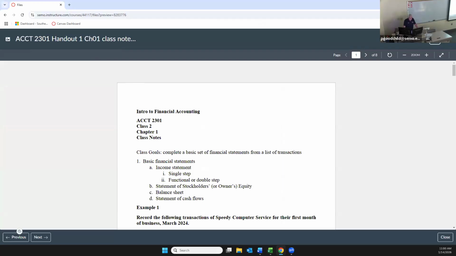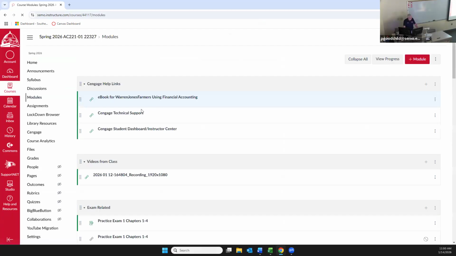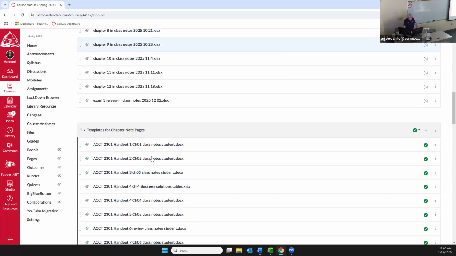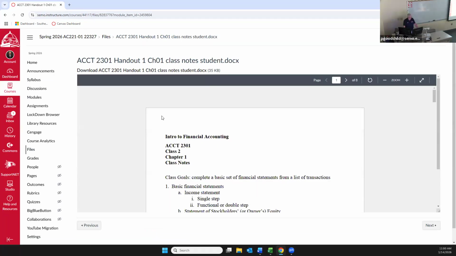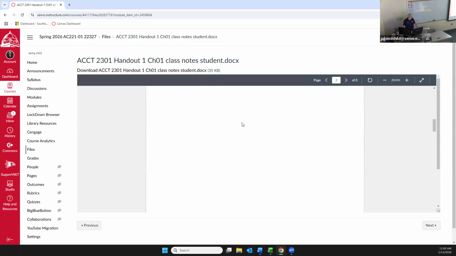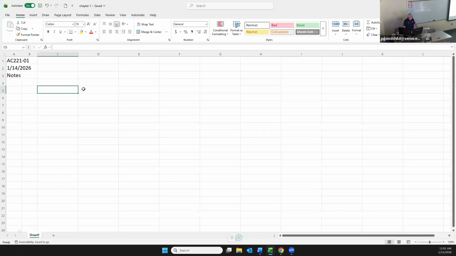Normally, if you go into modules and click on the templates for the note chapter, it should pop up here. It wasn't populating earlier, but it seems to be working now. So you can go out and get this, and we'll hopefully get into it once I discuss some generalizations about accounting.